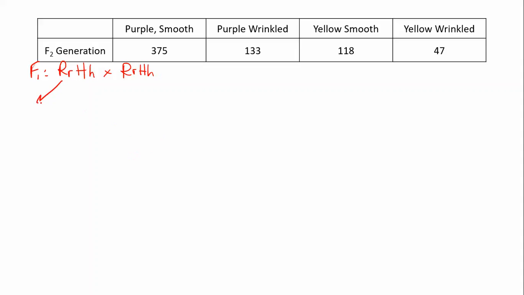So let's look at this cross. What is the probability of having purple offspring? Well, it's the dominant trait. If you've got two heterozygotes, they're always going to be 3/4 dominant, which is purple, and 1/4 recessive, which is yellow.